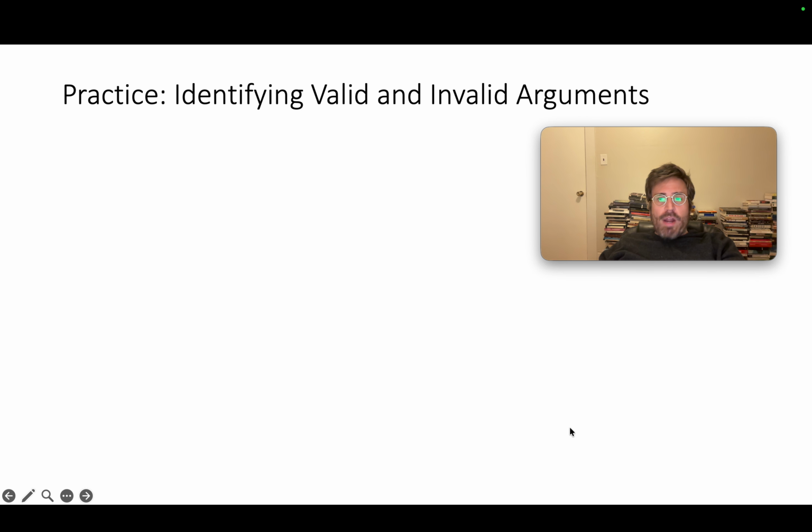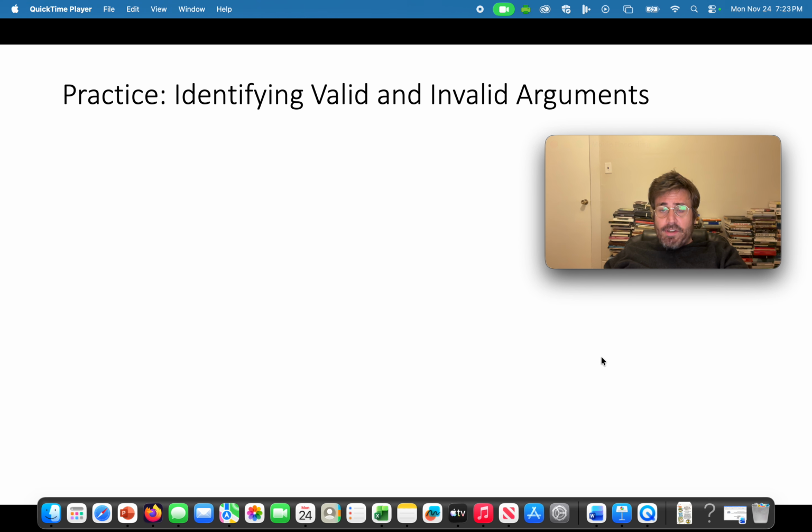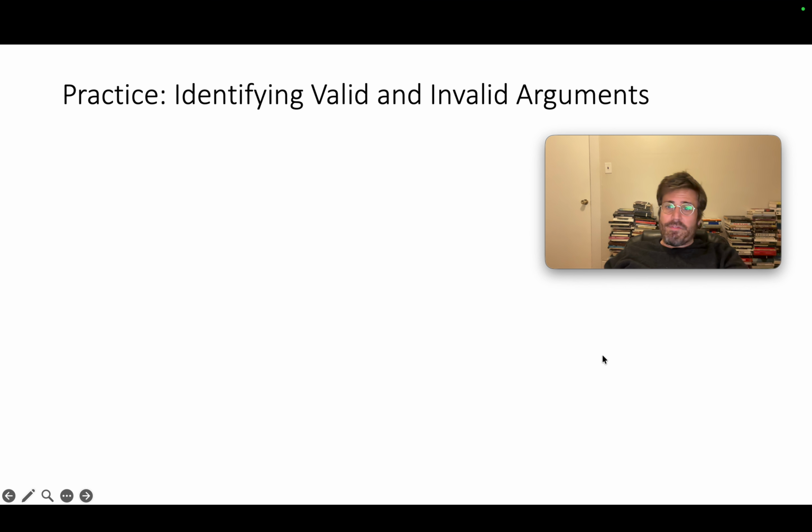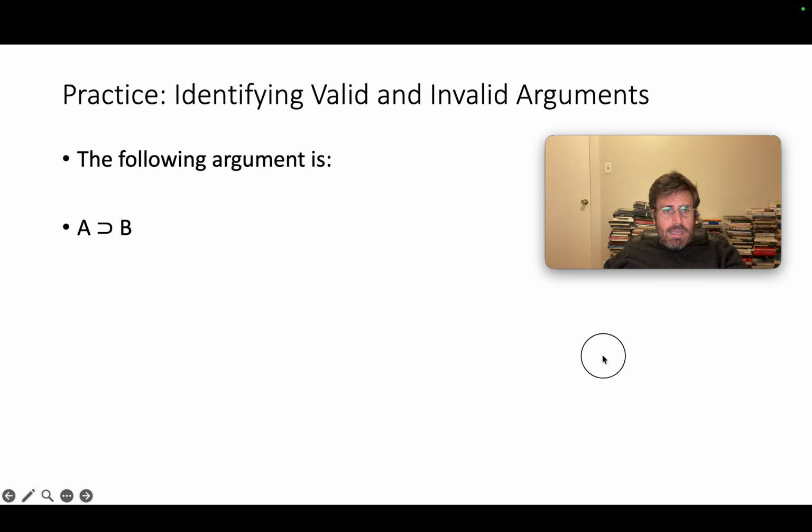Let's practice just a little bit identifying valid and invalid arguments on the basis of our rules of implication. If I have an argument like this, if A then B, A, therefore B, would you say this is valid or invalid based on what we now know about the rules of implication?